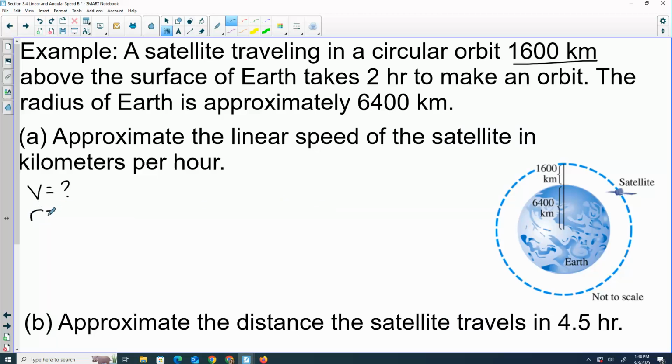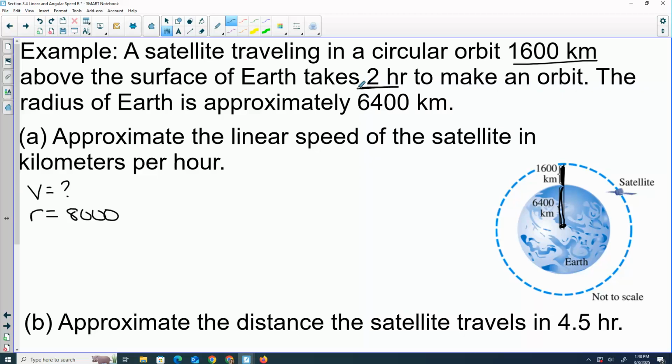Radius. We know the radius of the Earth to get to the center of the Earth, 6,400, but we are an additional 1,600 beyond that. So if you add those together, is 8,000. Okay, what other piece of information did we have?